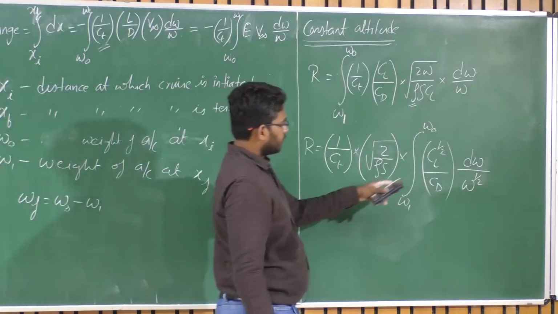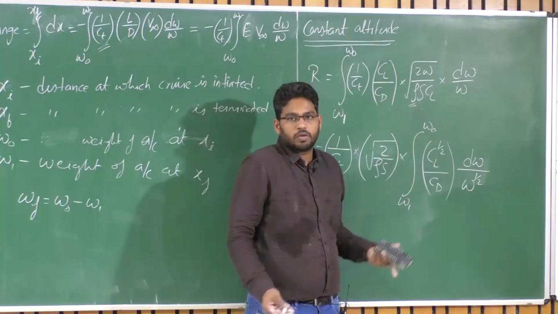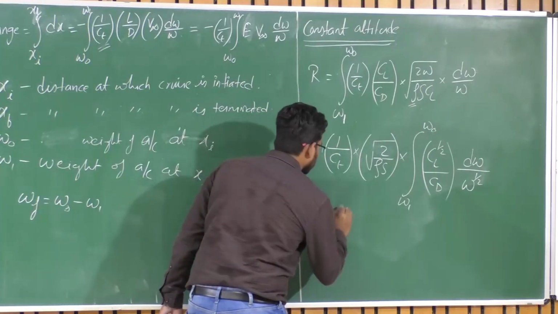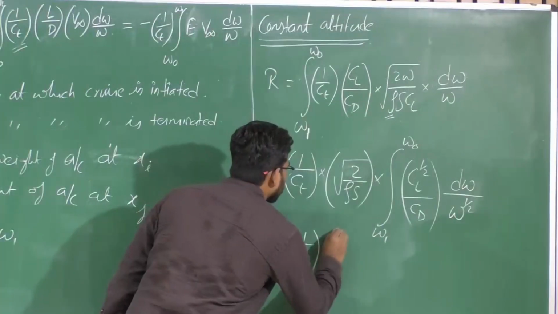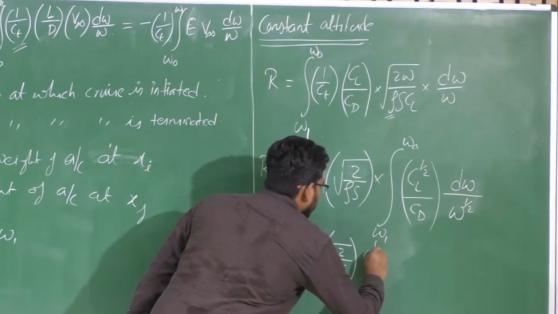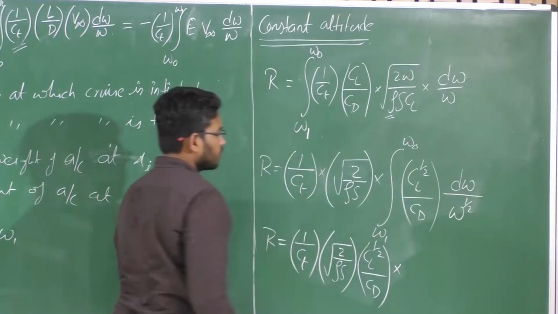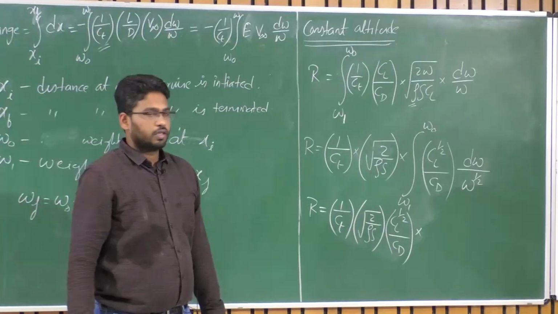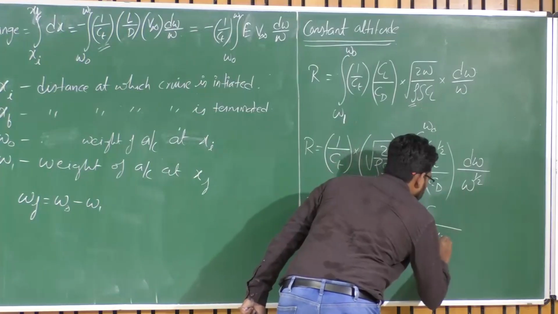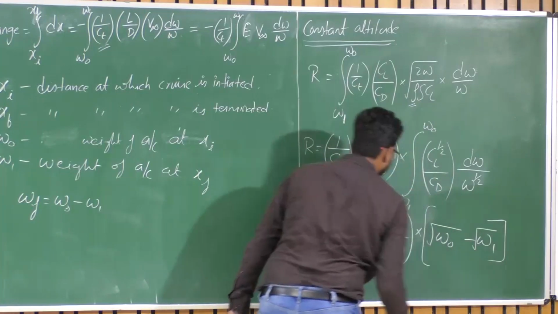Now, since in level flight you maintain the angle of attack constant, CL power 1 by 2 by CD will remain constant, so it will come out of the integration. So the range is equal to 1 upon Ct times root over 2 upon rho S multiplied by CL to the power of 1 by 2 upon CD times the integral of 1 upon root W, which is root over W0 minus root over W1 upon 1 by 2.